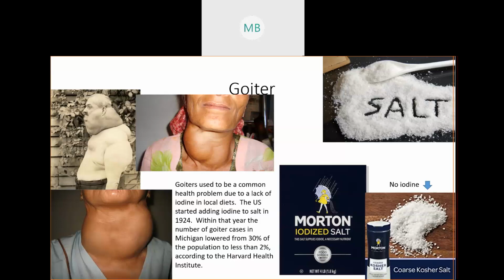If that health trend keeps up with people believing they want fewer additives and they go for the kosher, non-iodized salt, these kinds of health problems may end up cropping back up in a decade or two, because that would be a decade without iodine in somebody's diet intentionally. We don't know how that'll affect health trends going into the future, if that stays a popular food option, right?